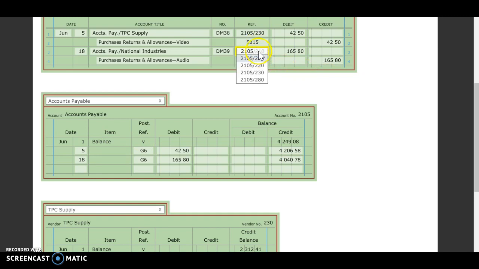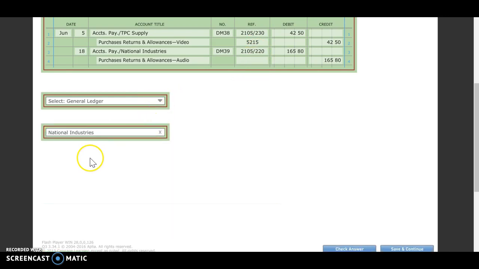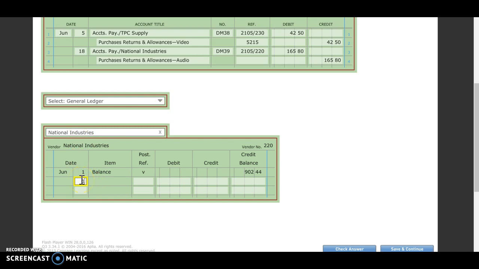Again, we're not going to have the same number here, so I'm going to go to my National Industries down here. The date is the 18th, General Journal, page 6, and I have a debit of $165.80. Again, you will not get the same. So put in your correct balance.